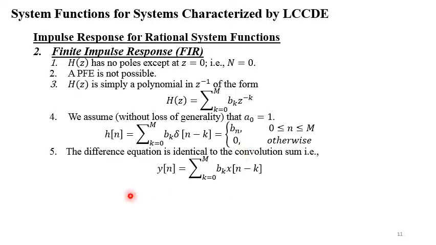So the difference equation for this one is identical to the convolution sum, that is y(n) equals the summation k running from 0 up to M of bk x(n minus k). So let's have a numerical example on the FIR, or finite impulse response system.